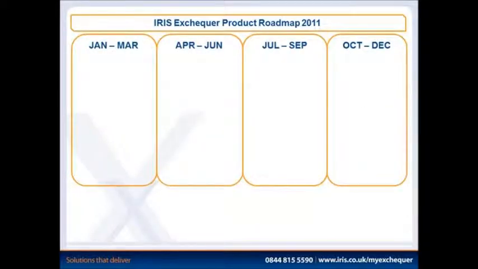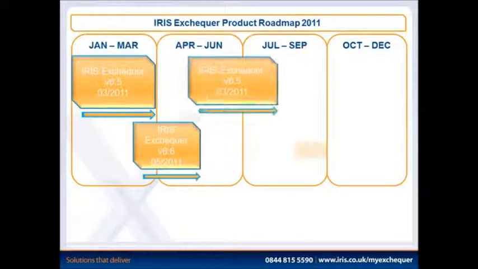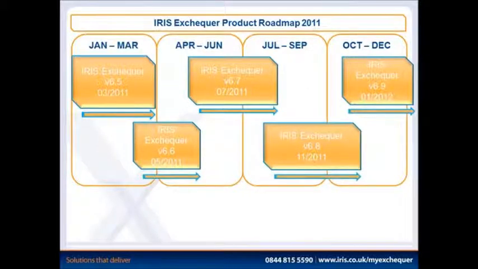It was at the previous roadshows in November of 2010 that I announced to the customers that we were about to embark on what would be one of the most productive and prolific delivery periods of recent times for the Exchequer product, and our objective was to release 4 editions of Iris Exchequer during 2011, and it is with great pleasure that I'm able to confirm that indeed those 4 releases were made, starting off at the beginning of the year with Iris Exchequer version 6.5, followed by version 6.6, 6.7, and then most recently in November version 6.8.